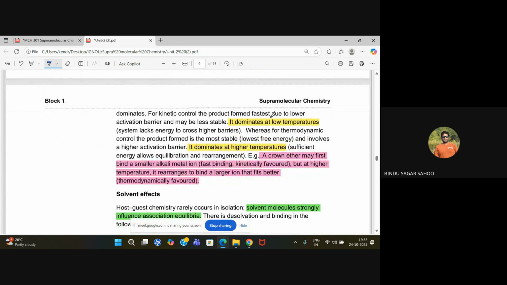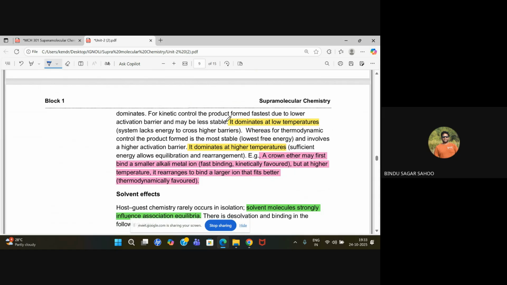Temperature basically plays a key role in determining whether the complex is thermodynamically stable or kinetically stable. For kinetic control, the product formation is the fastest due to the lower activation energy barrier. In a kinetically stable complex, the activation energy barrier is very low, and it may be less stable, but it dominates at lower temperature.